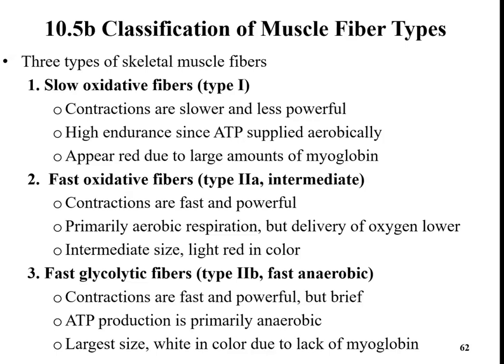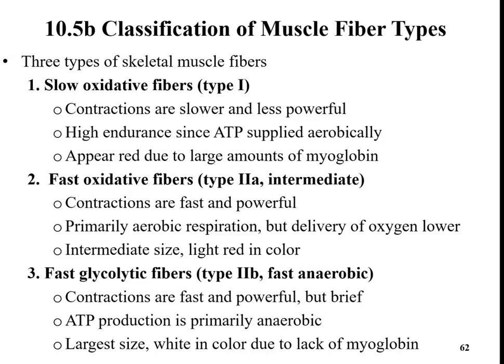In slow oxidative fibers, or type 1 fibers, contractions are going to be slow and less powerful. This is going to be for high endurance since ATP is supplied aerobically. So this is going to be for your marathon runners. And these fibers are going to appear red due to large amounts of myoglobin, so a lot of oxygen storage in these muscle tissues.